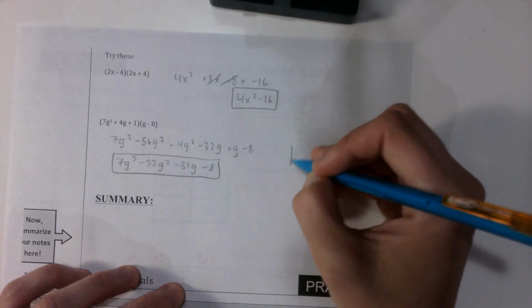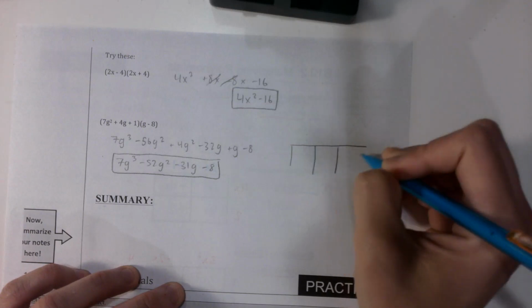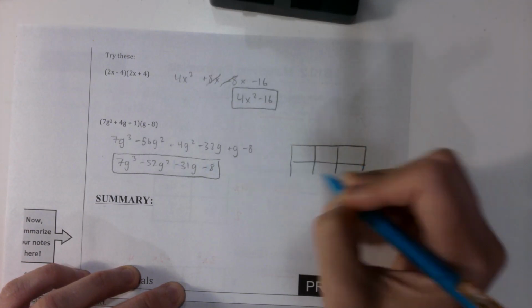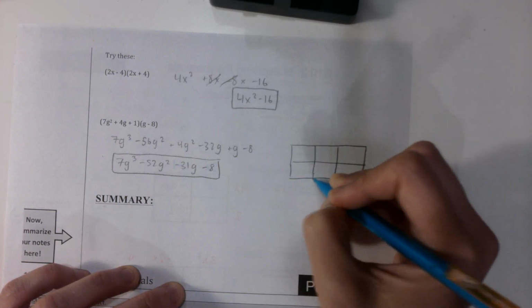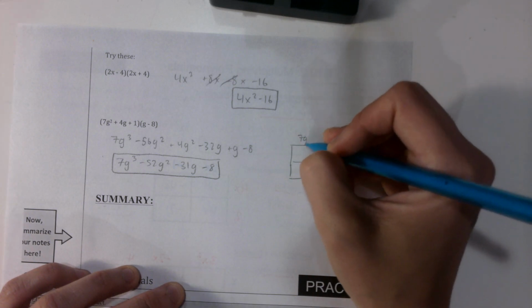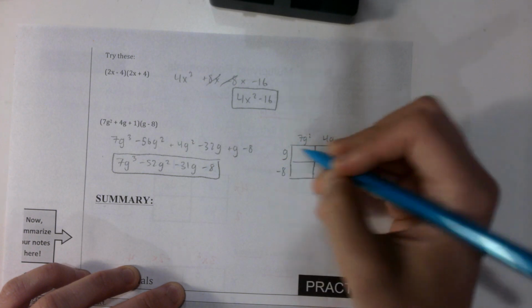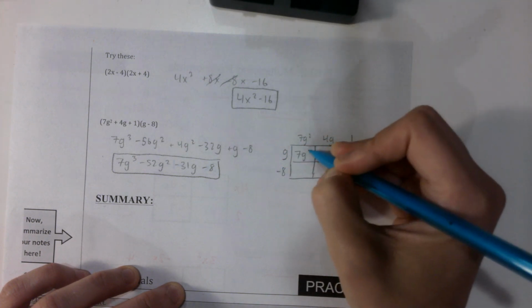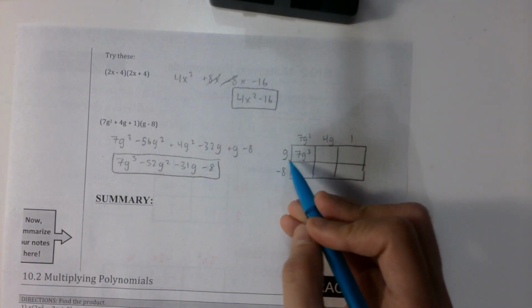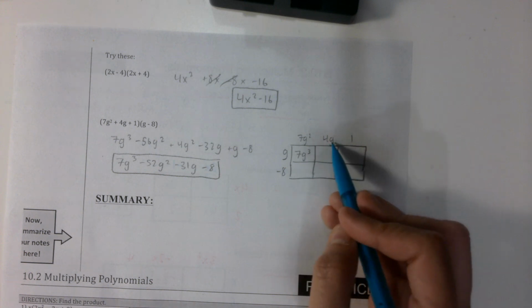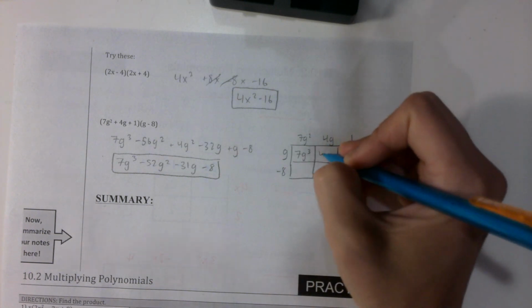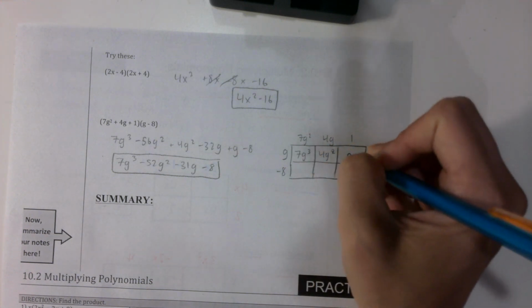I'm going to show you again with the box method because this one's a little trickier. So 7g squared, 4g, 1, and then g, negative 8. So we get 7g cubed. When you have just a g term, it's actually quick to go across it. All you have to do is add a g to each one, right? So just add a g, just add a g.